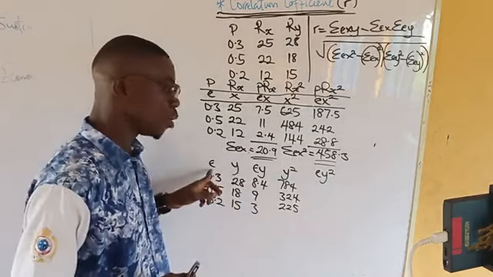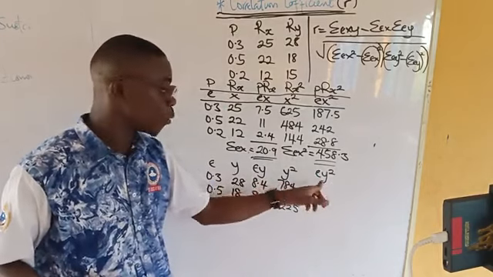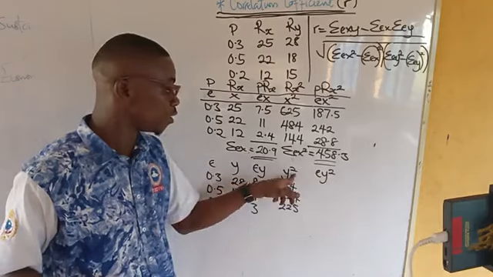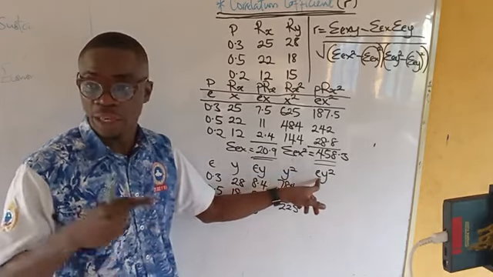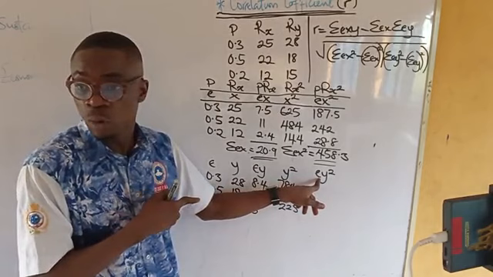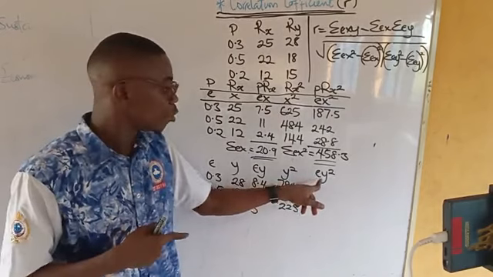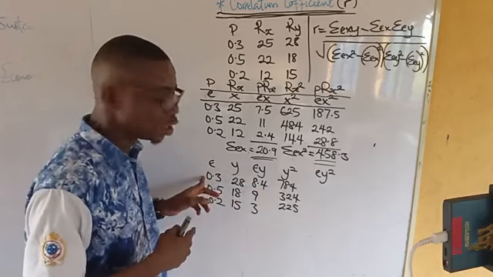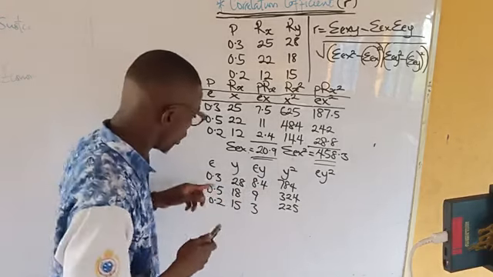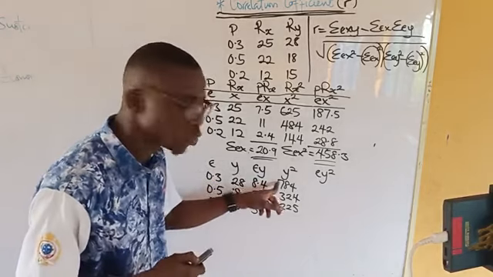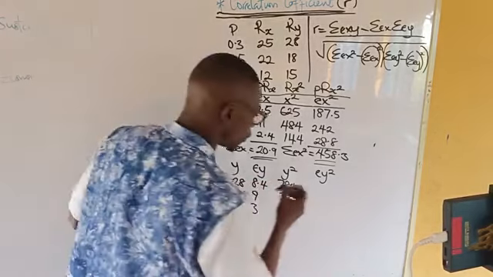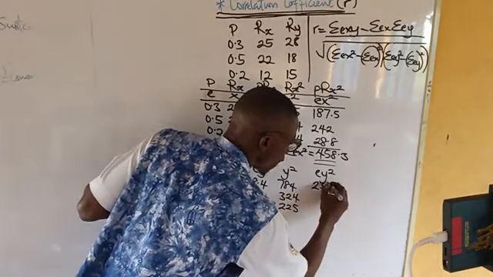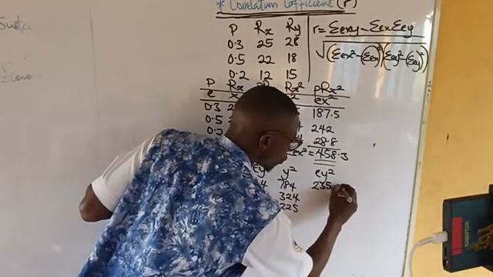So look at this now. Don't forget that we have gotten our E and Y raised to power 2, which is this now. We are now adding a new variable to it, which is probability. So it will now be this times probability, which is 0.3 times 784, is 235 point something.